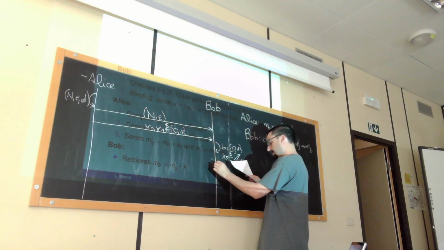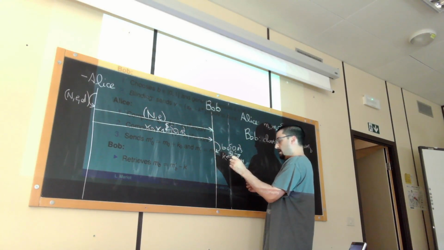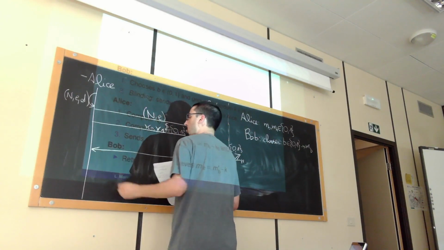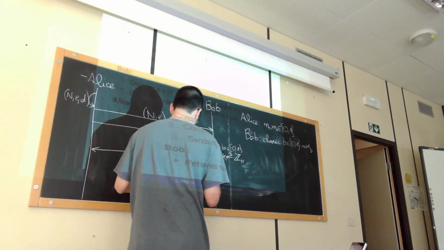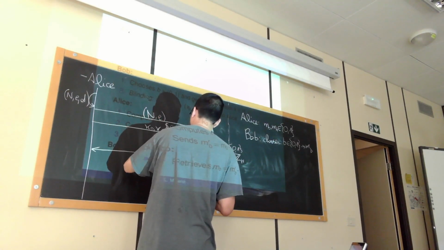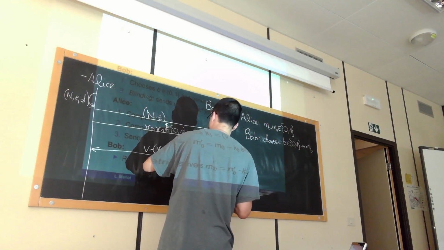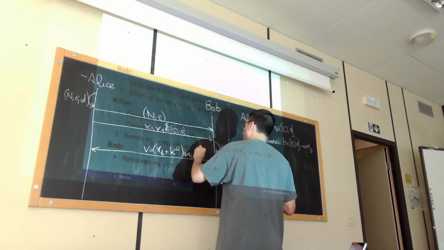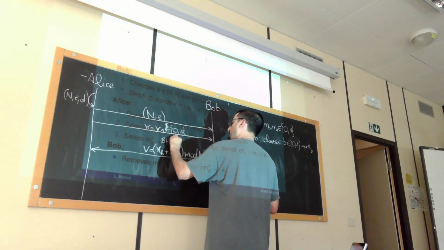Now what he sends back to Alice is the following operation. He computes V, which is equal to (xb + k)^e modulo n. This is also called the blinding in cryptography.